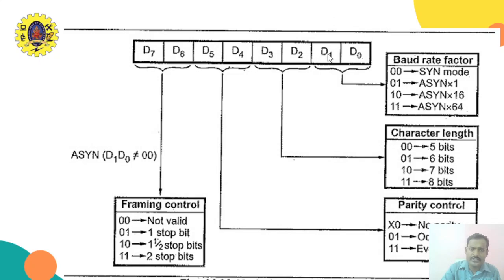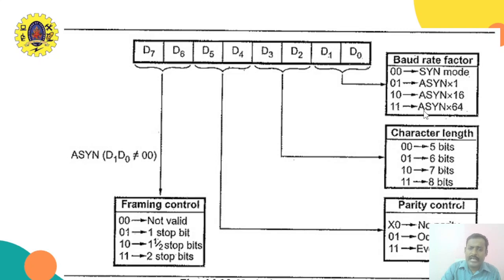Look at this, D0 and D1. This is the baud rate factor. Baud rate is bits per second, that is, how fast the data will be transmitted. So this baud rate factor decides whether the baud rate is increased or decreased. 0 0 means synchronous mode, and 0 1 means asynchronous mode with a factor of 1, which means the actual baud rate will be used. 1 0 means asynchronous mode with baud rate times 16, so the actual baud rate times 16 is the transmitting speed of data.